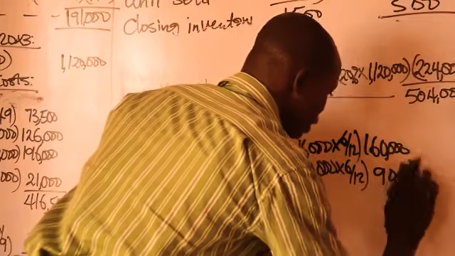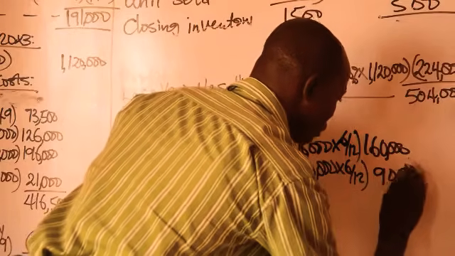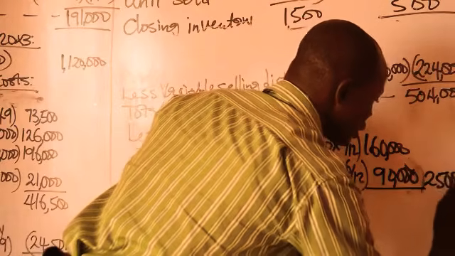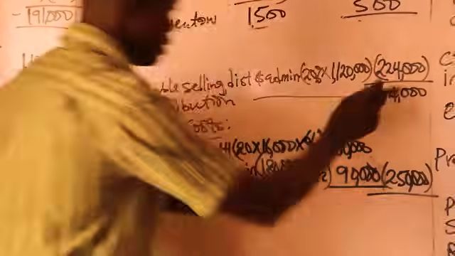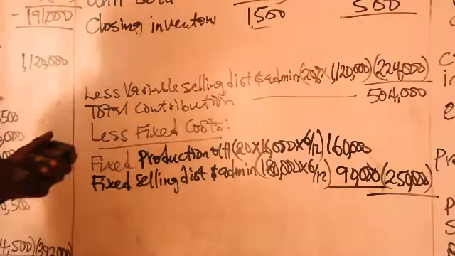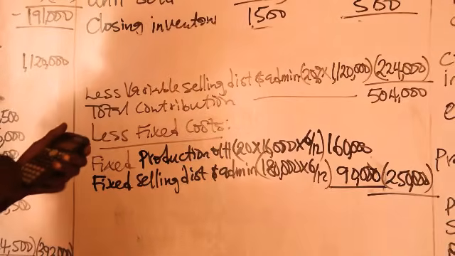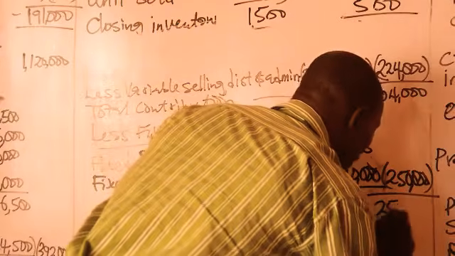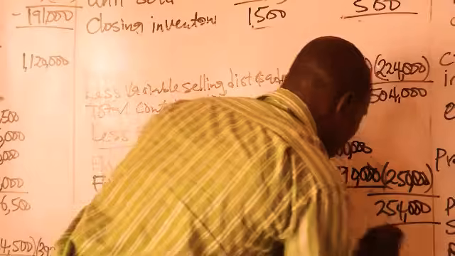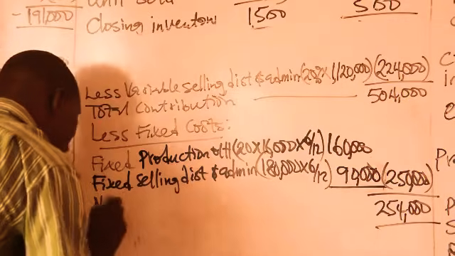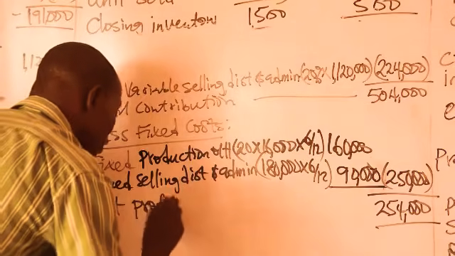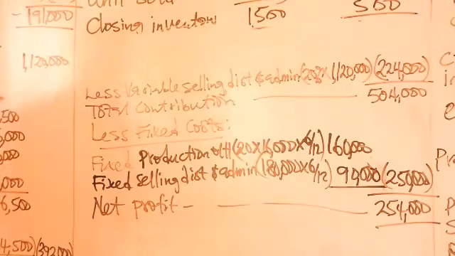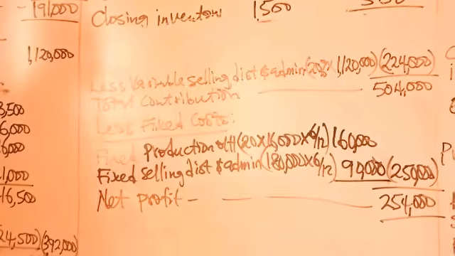If you sum it up, it will be 250,000. If you subtract 250,000 from the contribution of 504,000, then you have the net profit of 254,000. That is the profit statement under marginal costing.